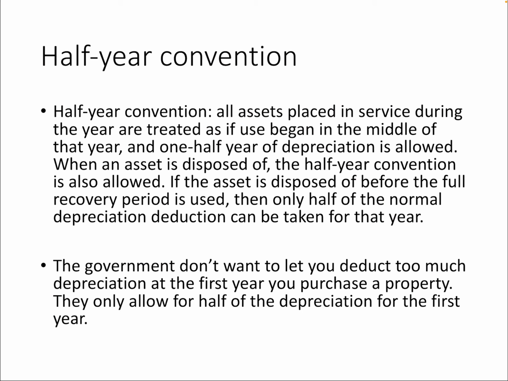So in the first year, everybody starts from the middle of that year, so only one half year of depreciation. And when an asset is disposed of, the half-year convention also applies, which means in the year when the asset is disposed of, the depreciation deduction for that year can only be the half-year depreciation deduction.